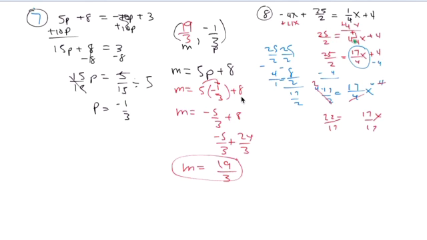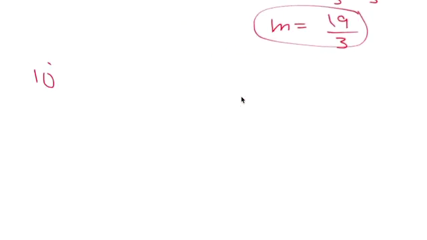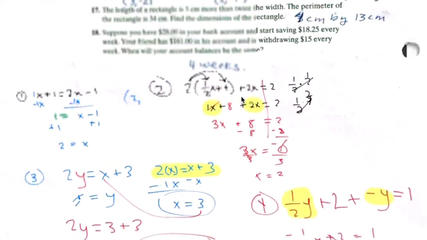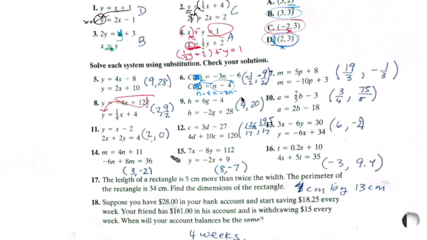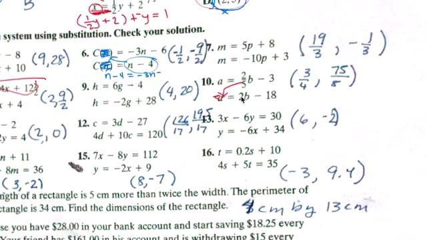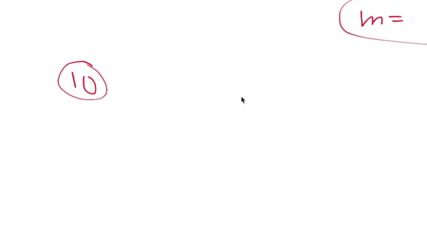Okay. Number 9 is a nice whole number. Number 10. Okay, I'm going to clear the fraction out. I find it easier clearing the fraction. Number 10, substitute that in there, right? 2 over 5b minus 3 equals 2b minus 18.